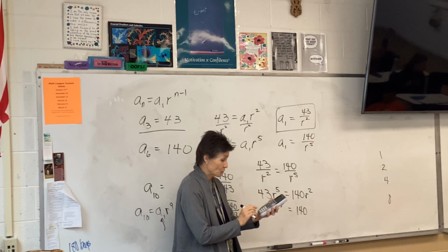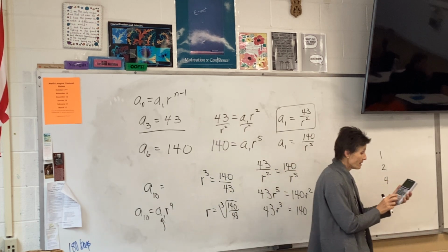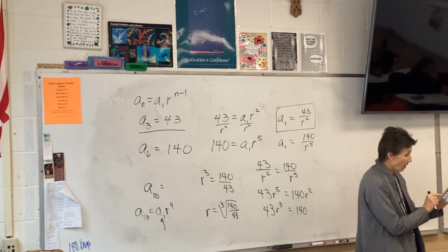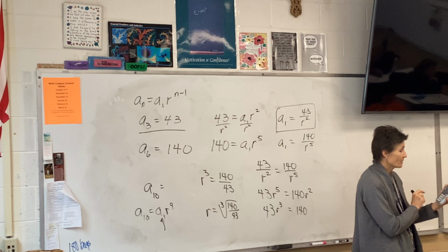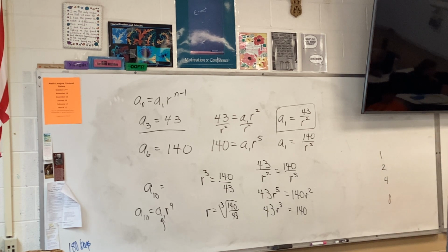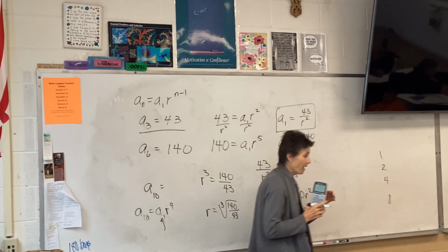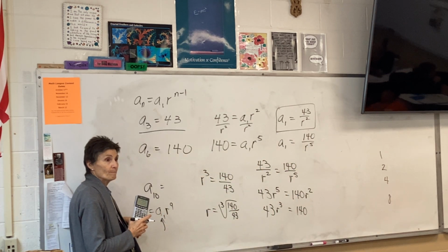So now I'll just do 43 divided by alpha R, I keep losing the R, squared. And what did you get for A sub 1? 19.57 whatever?